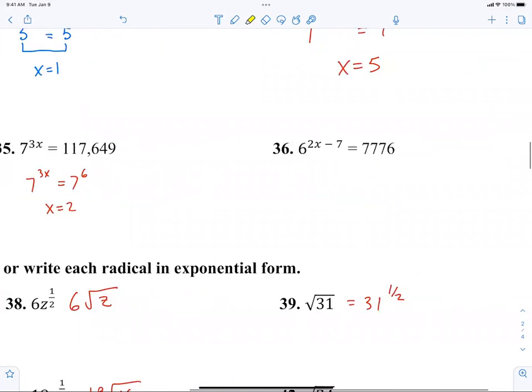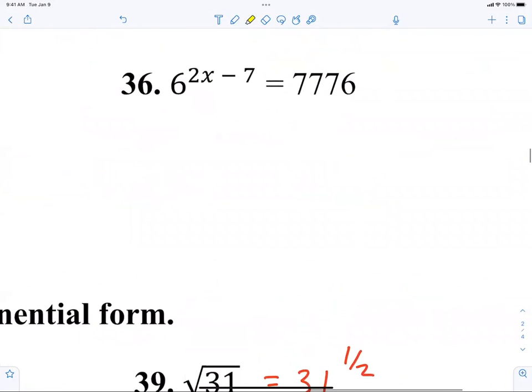All right, 36. All righty. So now this will tell me if you understand. What am I looking for? Not the answer. You look for what power of 6 is 7776.